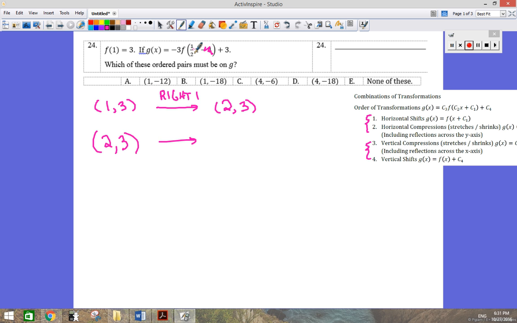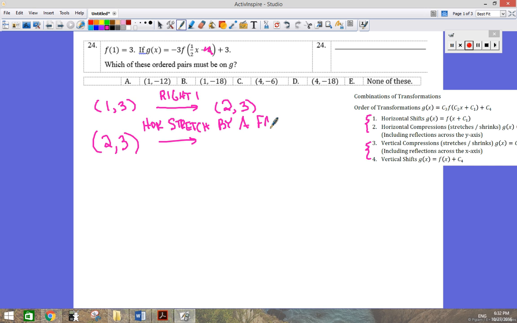And the 1/2 there, well, even though it says to multiply x by 1/2, we're actually going to take the reciprocal. We're doing the opposite of what it says to do. Instead of dividing by 2, we're going to multiply by 2. So that description is a horizontal stretch by a factor of 2.